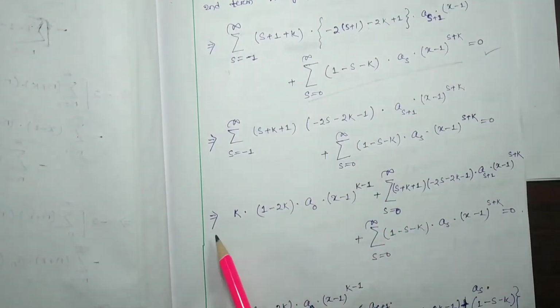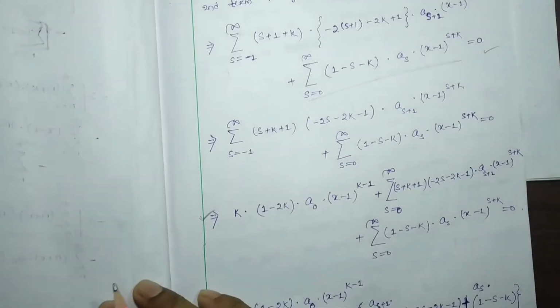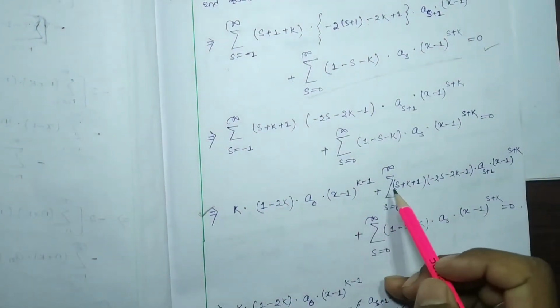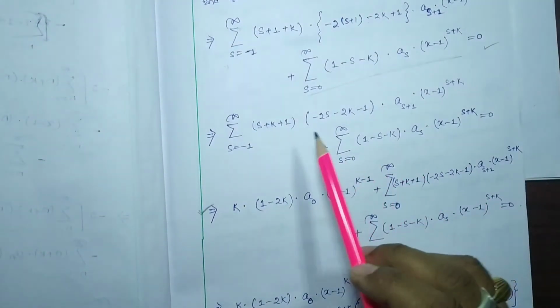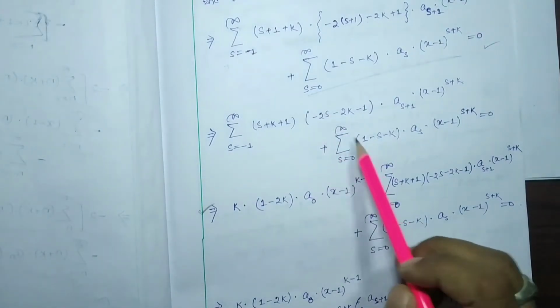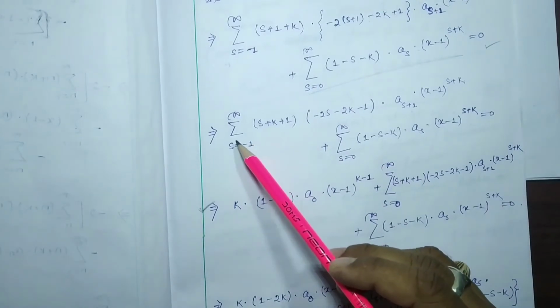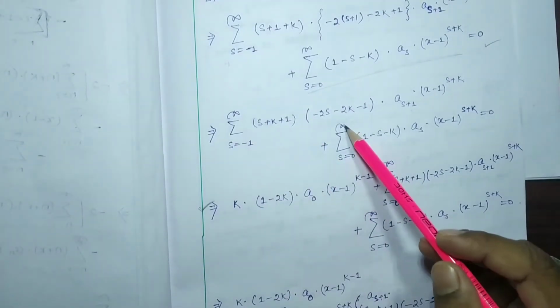This step is also one of the important steps in our derivation. In this step, we are trying to write this summation and this summation in equal form. See, here this summation starts from s equal to minus 1 to infinity, here 0 to infinity.